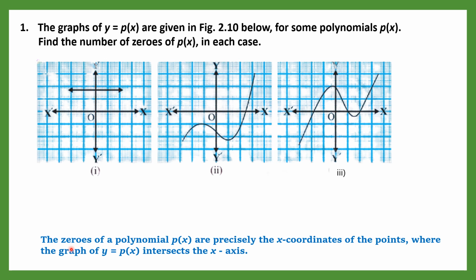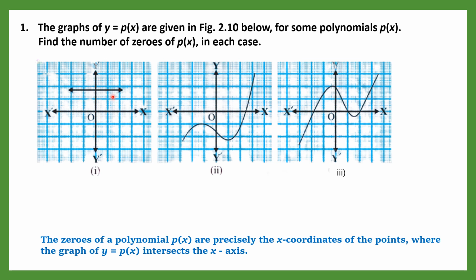We already know that the zeros of a polynomial p of x are precisely the x coordinates of the points where the graph of y is equal to p of x intersects the x-axis.